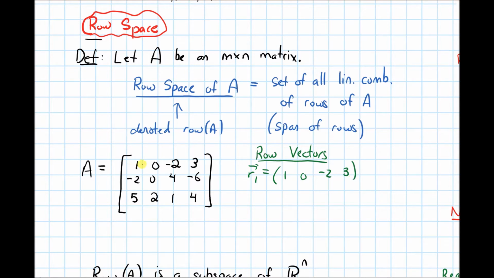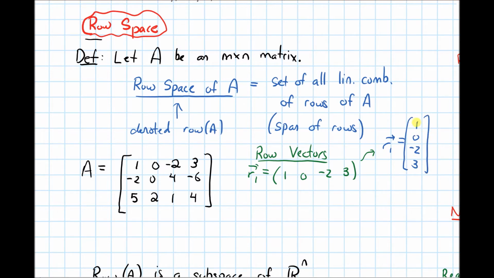Usually the convention is when we write a row vector, we put parentheses around the entries. If we put brackets, it's technically fine. It's just the convention that the book uses. It's also common to write these as column vectors. So these are the entries of the row. Sometimes, if we want to, we can write this as a column vector: 1, 0, -2, and 3, in the regular column vector format we're used to.